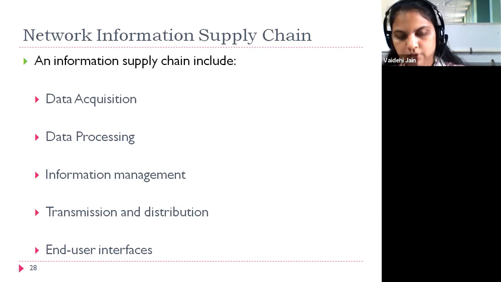Then after data acquisition, data processing comes. Data processing is nothing but the data analysis part. In that data analysis, the system will bifurcate the data as per the requirement.